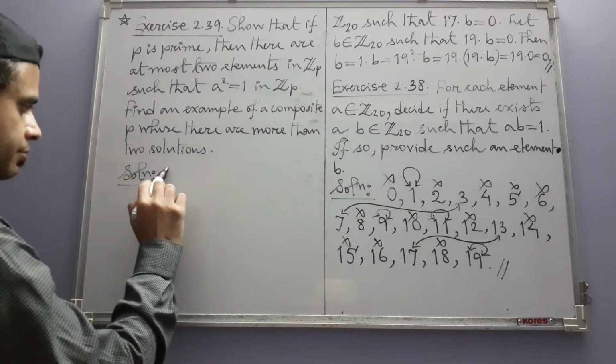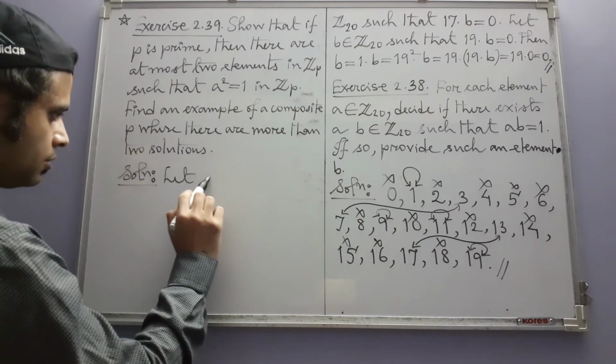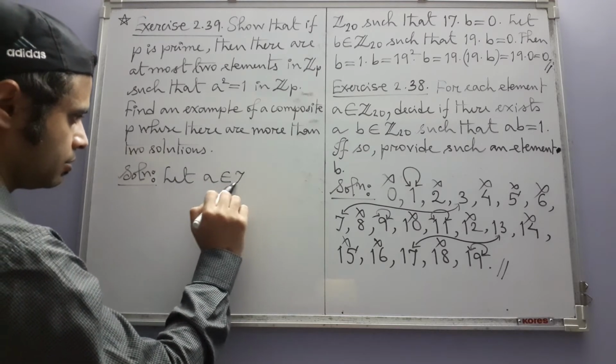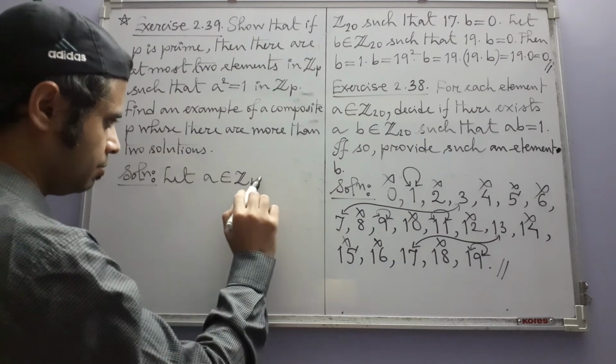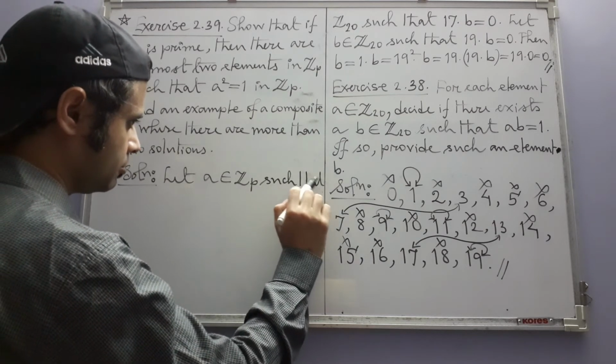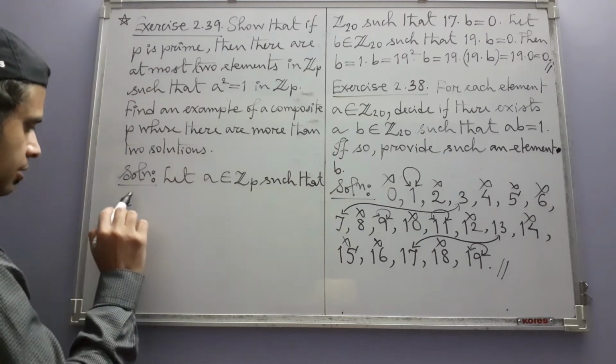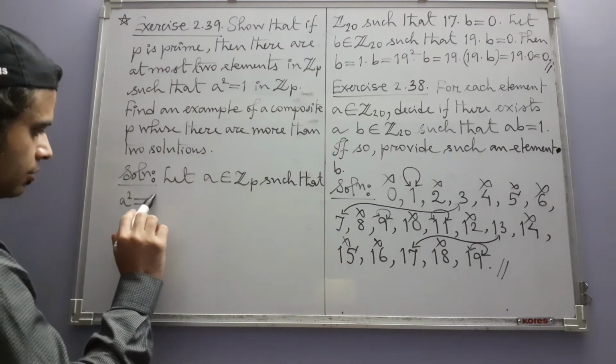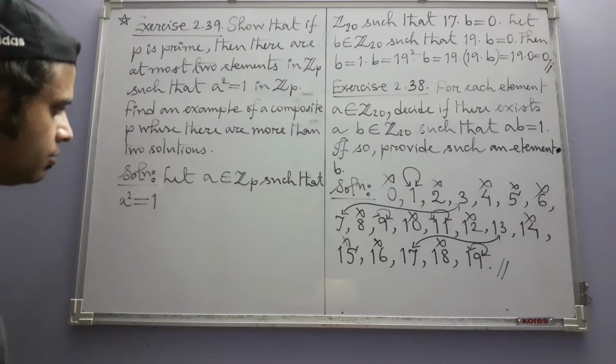Okay, let A be in C_P such that A square is equal to 1.